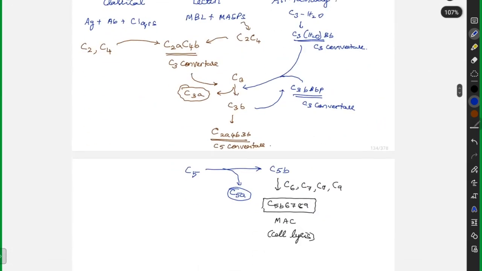But why should I study this? Very simple. All three pathways of complement activation lead to the formation of the active enzyme called C3 convertase. This is going to split your C3 into C3A and C3B. What is the importance of C3A? What is the importance of C3B?